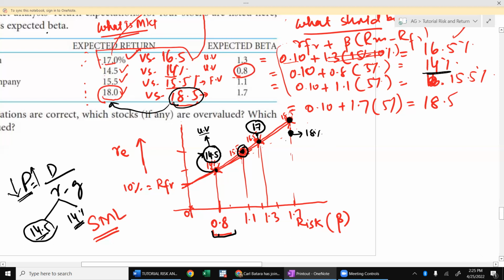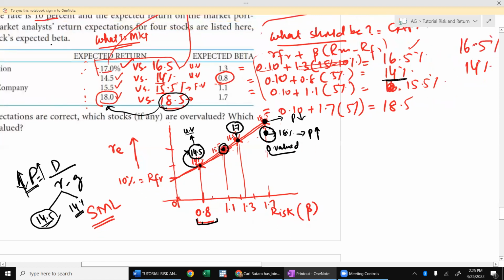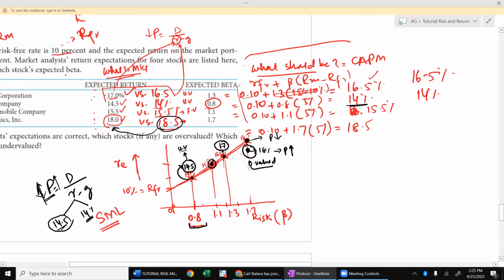When you use 18 here, the price will be higher. So the price at this point will be higher and the price at the other point will be lower. So this point is overvalued. This stock is overvalued. Don't get confused between overvalued and undervalued.